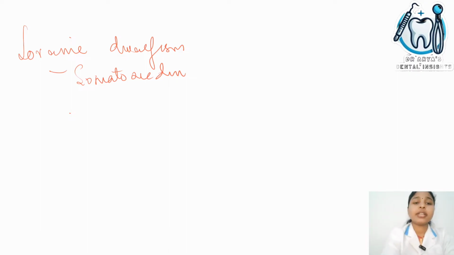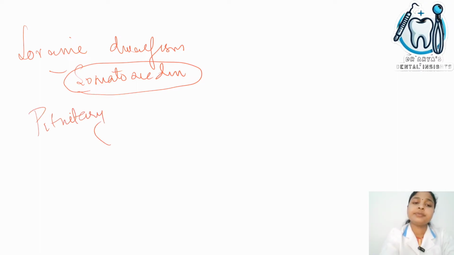So Lorraine dwarfism is due to the deficiency of somatomedin, and pituitary dwarfism is due to the deficiency of growth hormone in children. Okay.